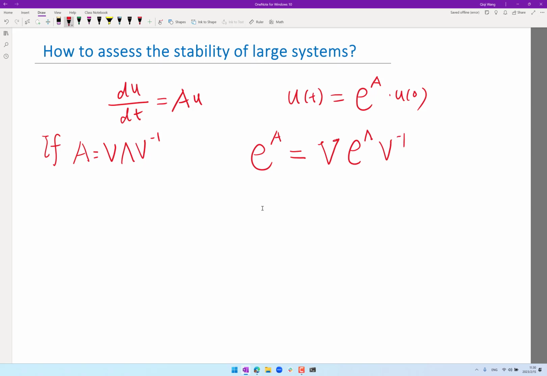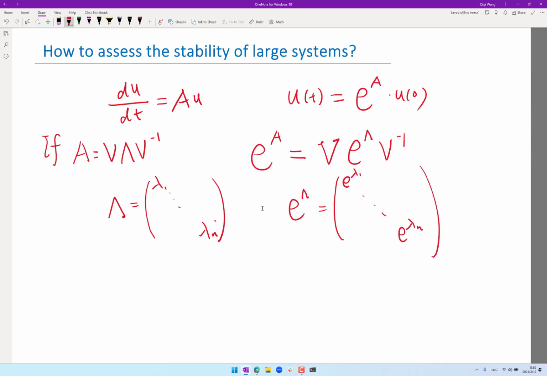Now what is e to the lambda? Again, we have e to the power of a matrix, but e to the power of a diagonal matrix is super easy. If lambda is the diagonal matrix with lambda 1 through lambda n, then e to the lambda is simply the diagonal matrix with e to the lambda 1, etc., e to the lambda n.